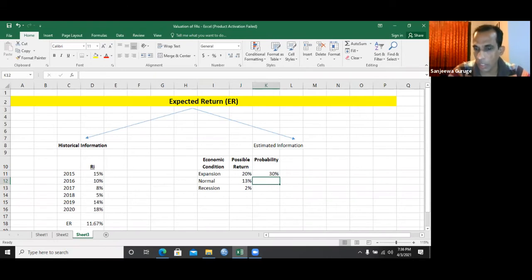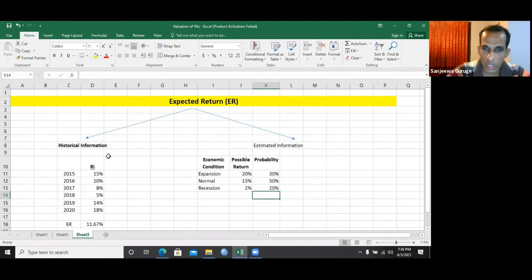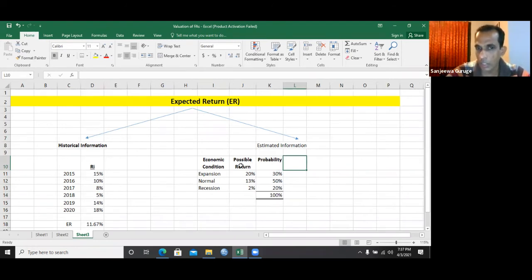Then what is the probability of getting that return? We have to consider all the probabilities, and always the total probability should be 100%. Then what we have to do is multiply each possible return by the probability of getting that return.